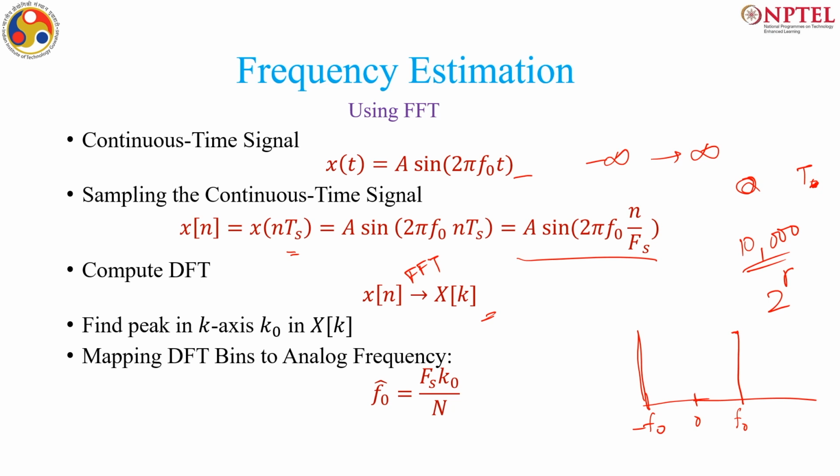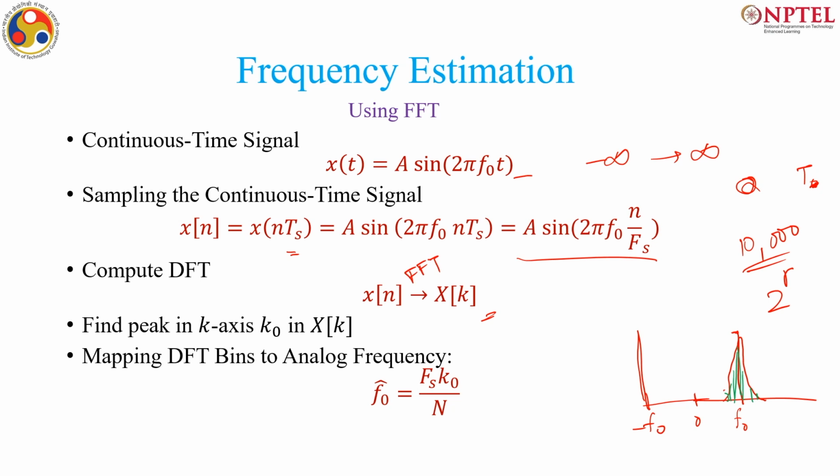Now, the question is, will we get this kind of ideal thing? No, we will get some spectral leakage, as I said. So, we will get a lot of such samples.